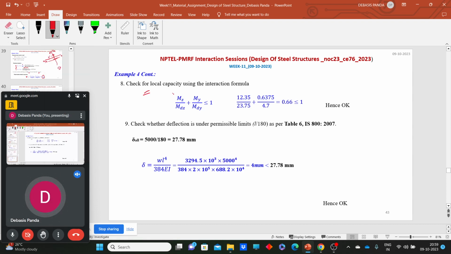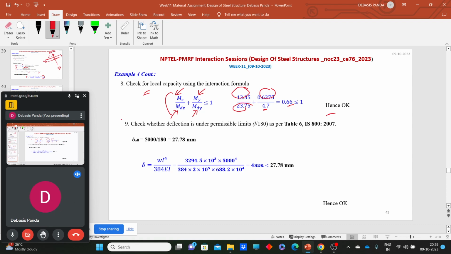This is the induced bending moment about the z axis, this is the design bending moment about the z axis, this is the induced bending moment about the y axis, this is the design bending moment. The induced bending moment we have already calculated, and the design bending moment on the last slide, and this value comes as 0.66, well within 1. Hence this is okay with respect to combined bending moment.